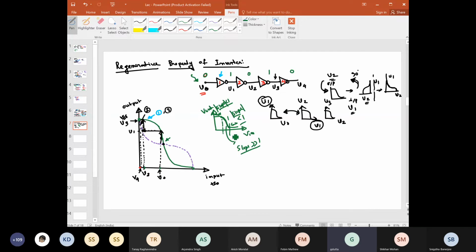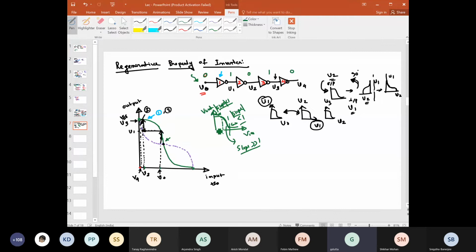If you draw a VTC of a particular gate, and you get similar characteristics in the VTC of that gate, then you can say that that particular gate is of a regenerative type, right? If you do not see this type of characteristics, then you can say that this is not a regenerative type.